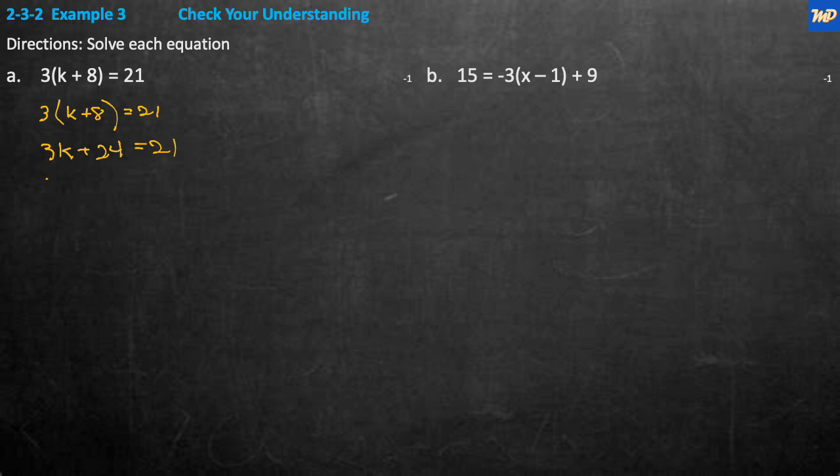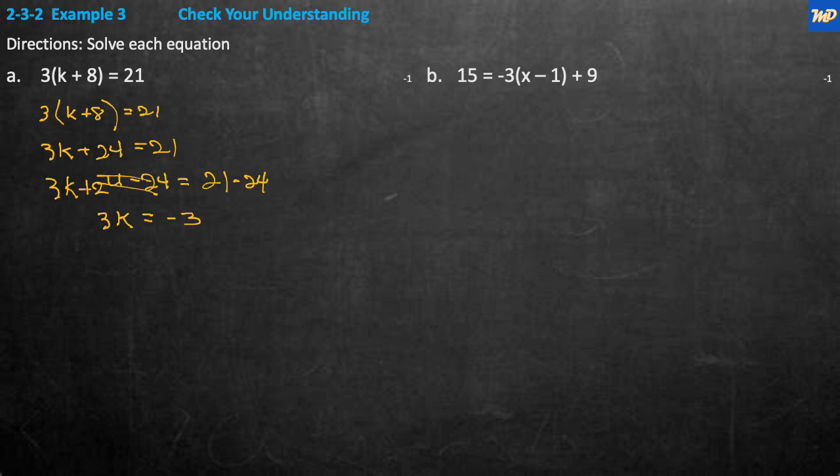So now we're going to say 3k plus 24 minus 24 is equal to what? Is equal to 21 minus 24. Don't forget that. So now these two 24s are going to cancel, and we're going to end up with 3k equals 21 minus 24, which is going to be minus 3.